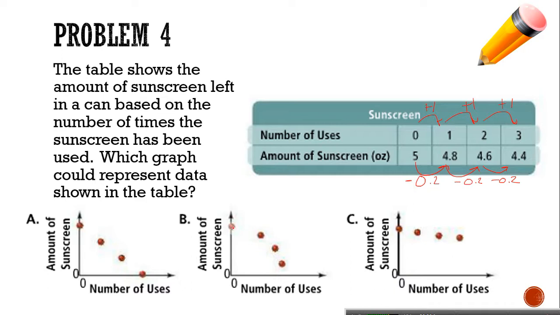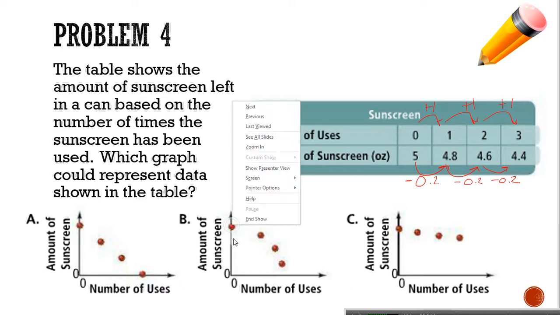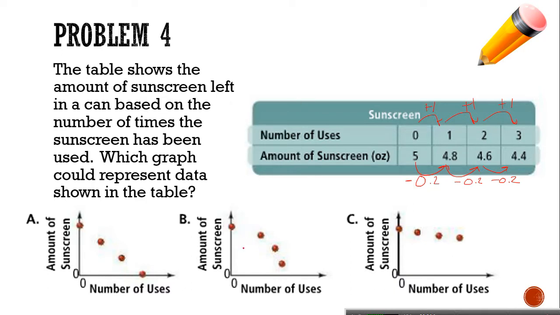So it can't really be B, because if you notice right here, I have this really big gap between A and B. So that's kind of losing a few uses, because there's probably 1 use here and 2 uses here. So it can't be B. That's a really big gap in my X values, or in my number of use values. Now let's look at the other ones. I have A. It looks like at 0 uses, I have 5 ounces.